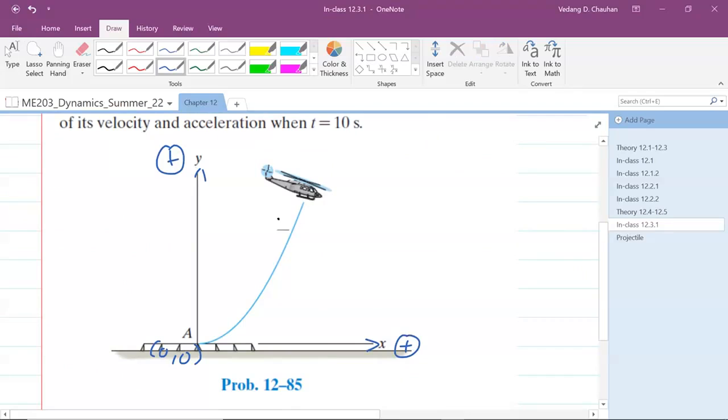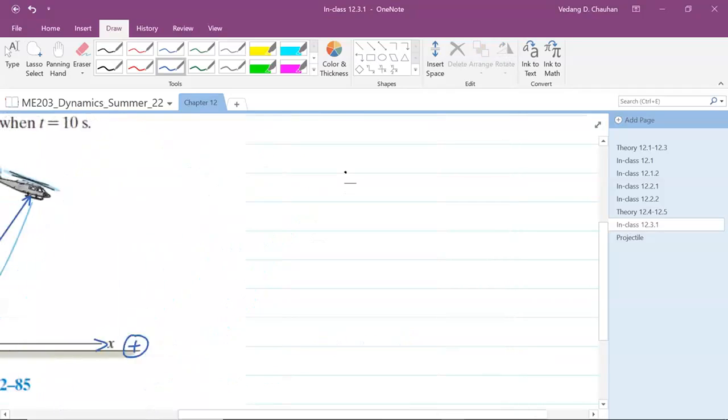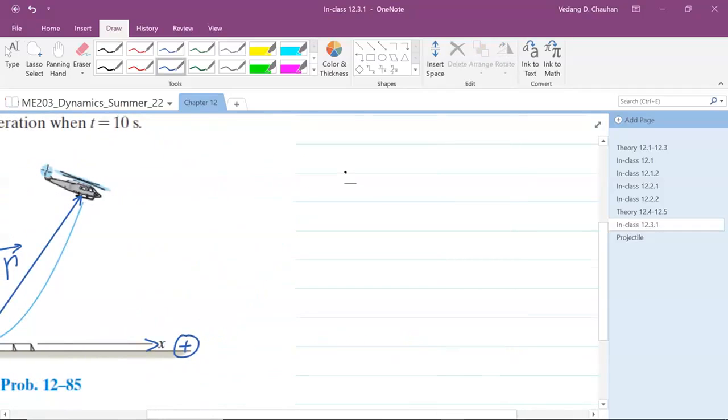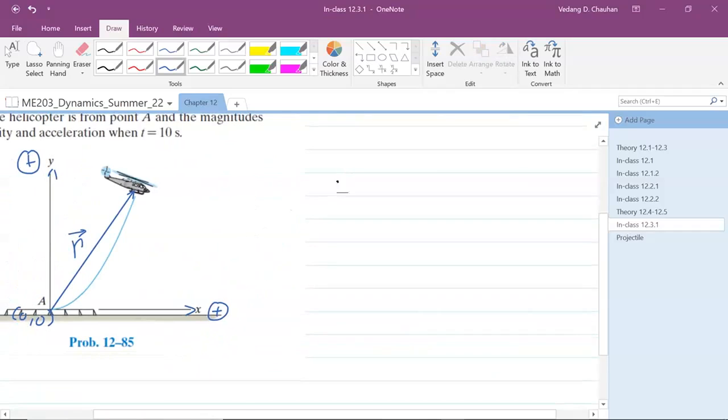And this is our diagram. Now it's time to define the position vector for the helicopter, which is this vector directly from the origin. This is our position vector r, which can be written as a combination of x and y coordinates.